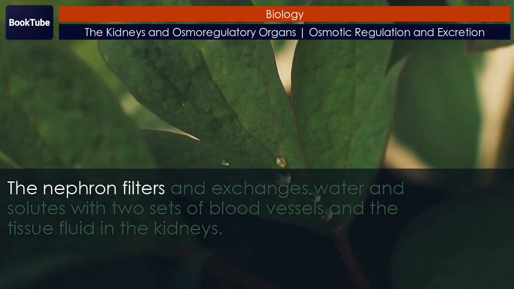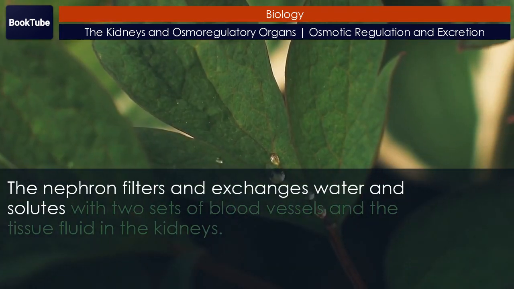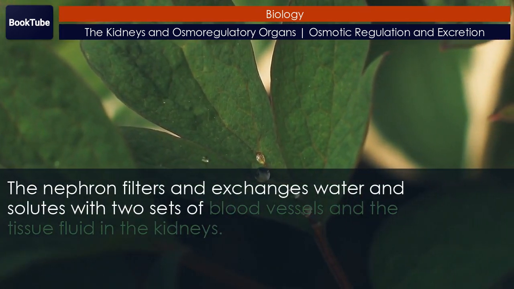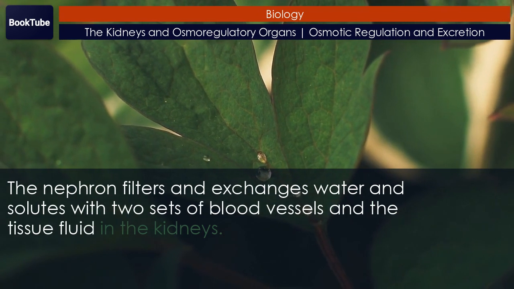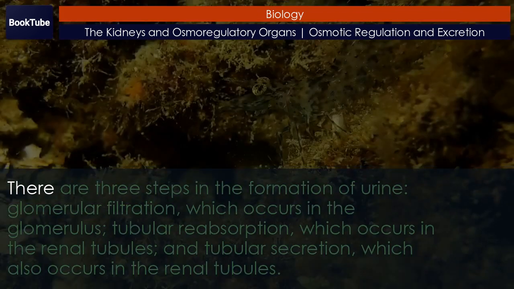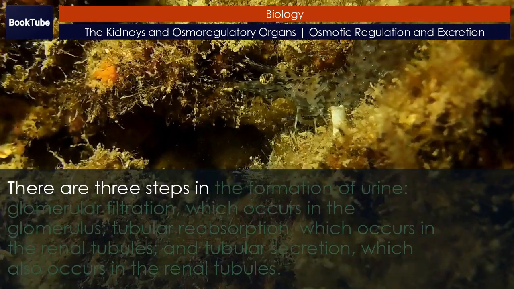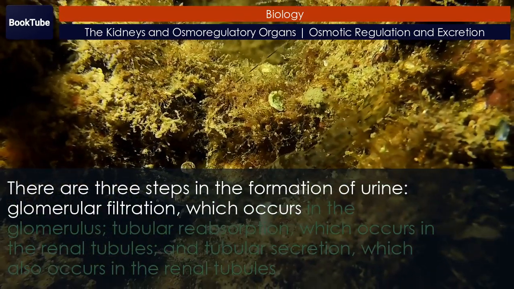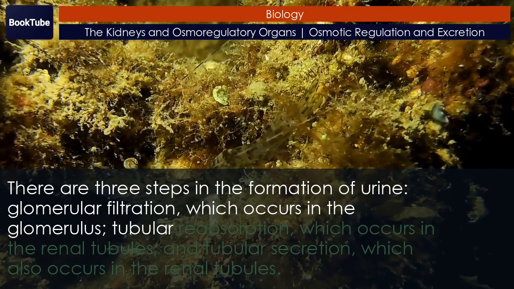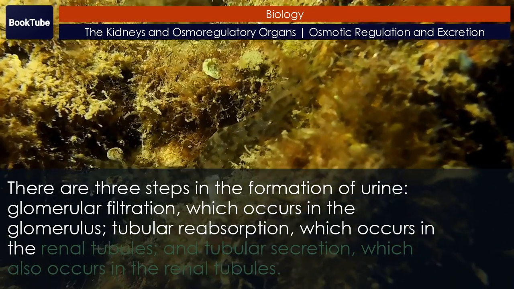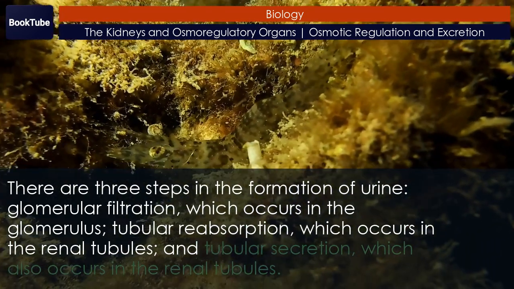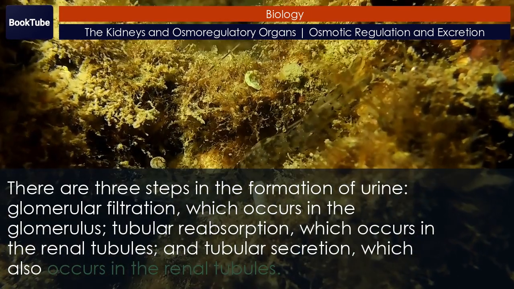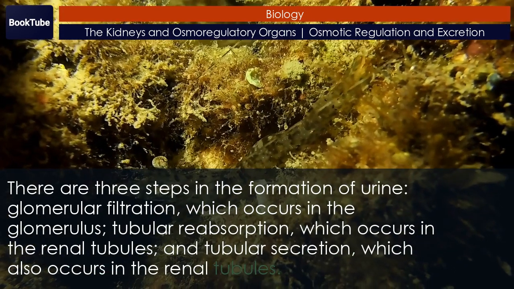The nephron filters and exchanges water and solutes with 2 sets of blood vessels and the tissue fluid in the kidneys. There are 3 steps in the formation of urine: glomerular filtration, which occurs in the glomerulus; tubular reabsorption, which occurs in the renal tubules; and tubular secretion, which also occurs in the renal tubules.